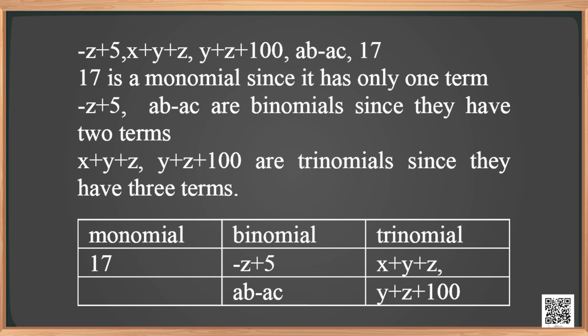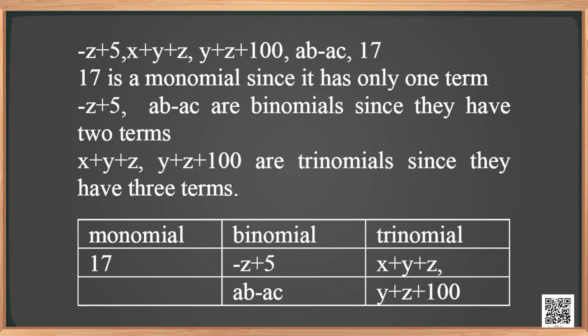Now, we will try to classify the following polynomials as monomial, binomial and trinomials. Minus z plus 5, x plus y plus z, y plus z plus 100, ab minus ac and 17.